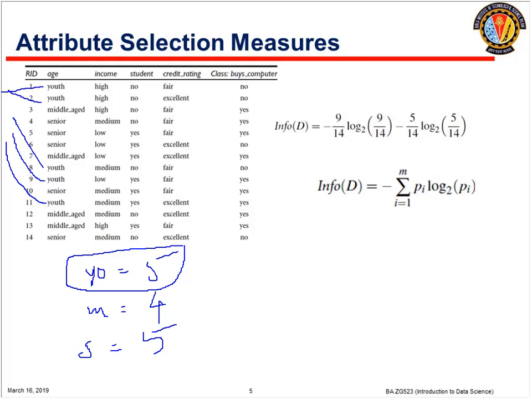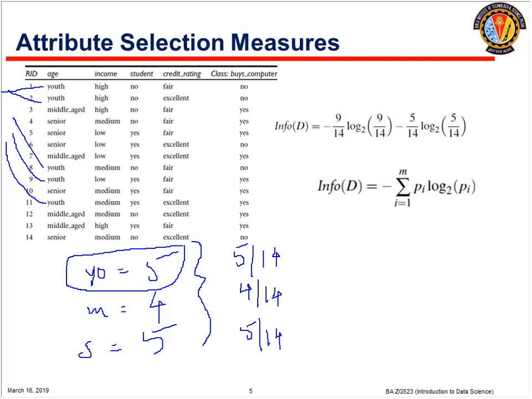You have a total of 14, so 5 by 14 is the probability of youth getting selected. 4 by 14 is the probability of a middle-aged person getting selected, and again 5 by 14 is the probability of a senior person getting selected.